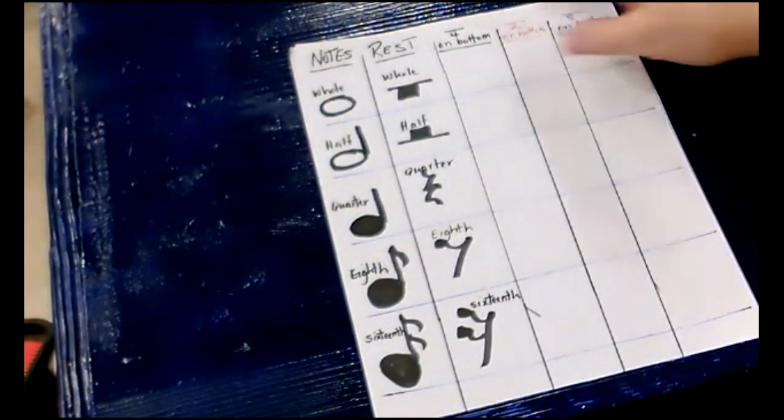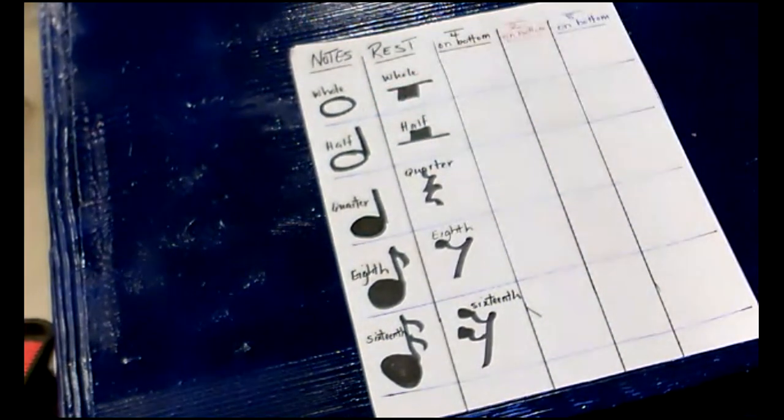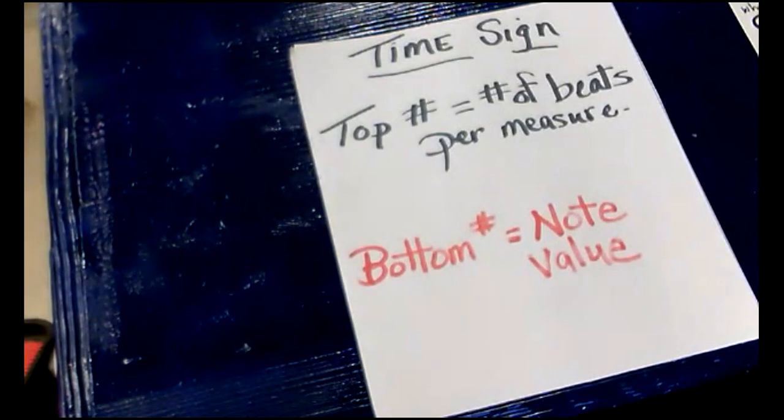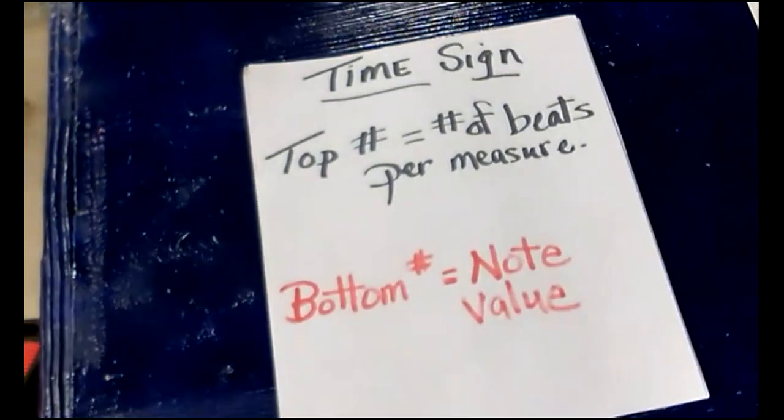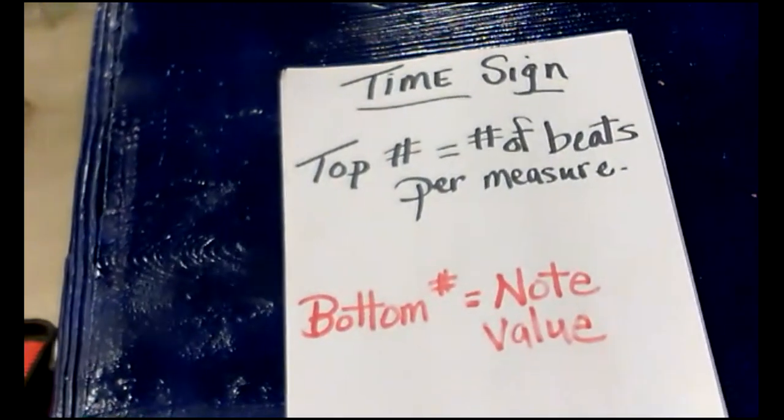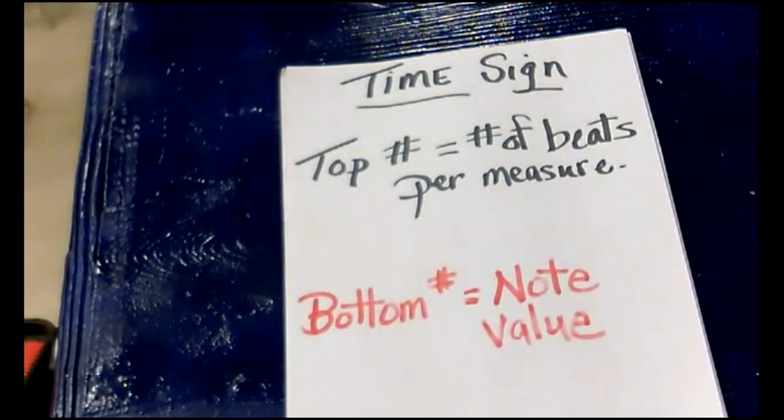All right. So as we are looking at this, as I said, in dealing with our time signs, the top number always tells us what? Yes, the top number gives us the number of beats.